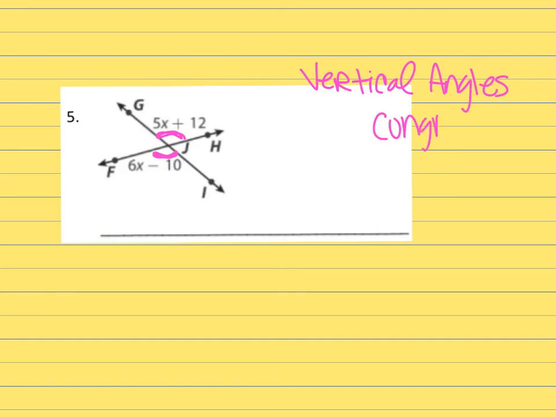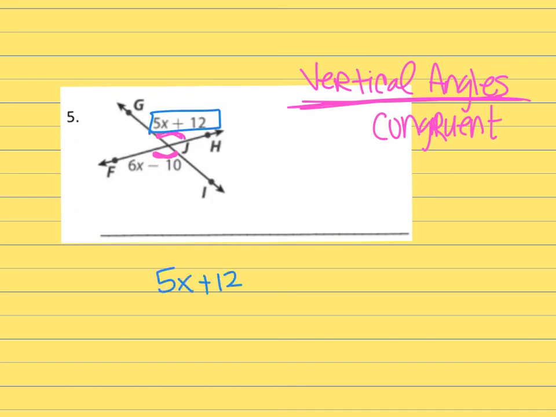So instead of saying they equal a certain amount, they need an equal sign in between. I'm going to take this first one and say 5x plus 12. Vertical angles are supposed to be equal to each other, so I'm going to put an equal sign. And then the second, or bottom angle, says 6x minus 10.